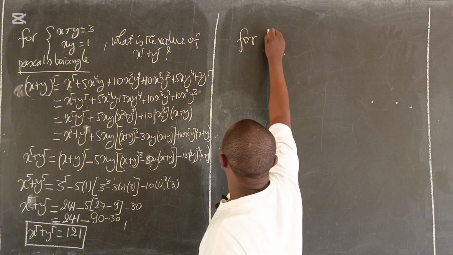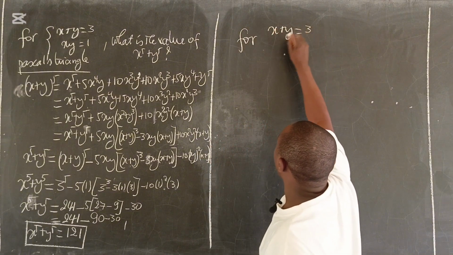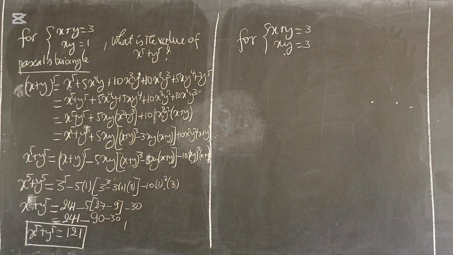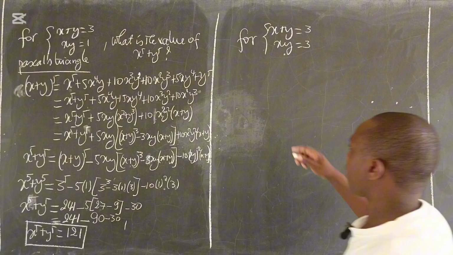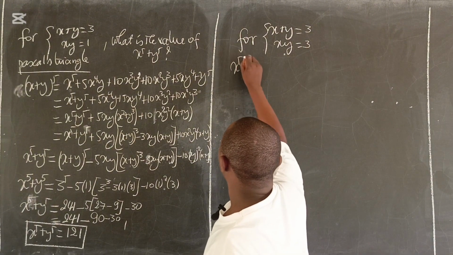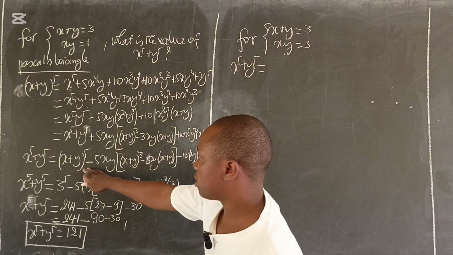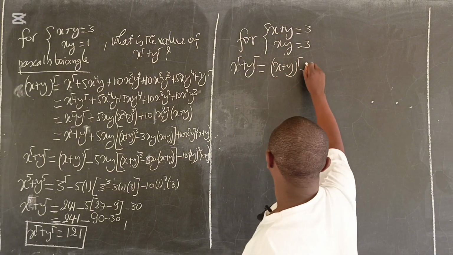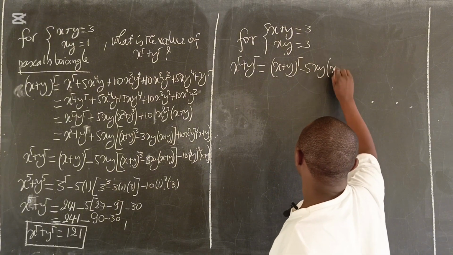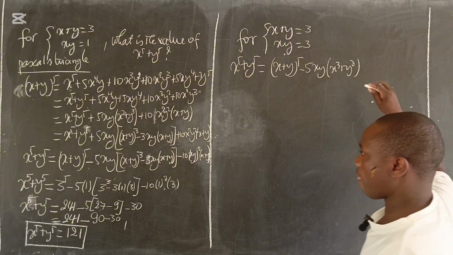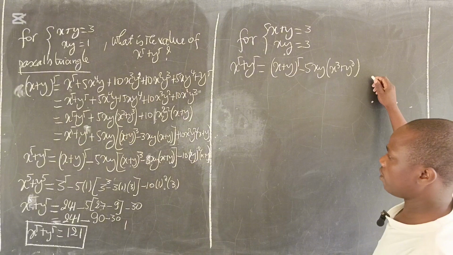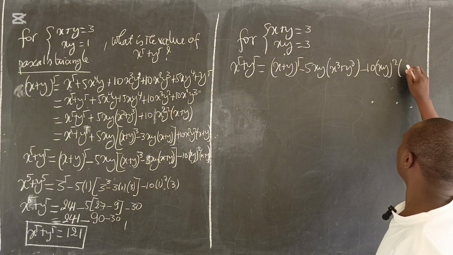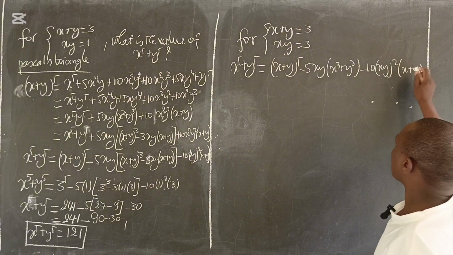For x plus y, which is 3, and xy, which is 3, as you saw, two xy values, so x power 5 plus y power 5 is (x plus y) power 5 minus 5xy into (x power 3 plus y power 3) minus 10 (xy) power 2 into (x plus y).